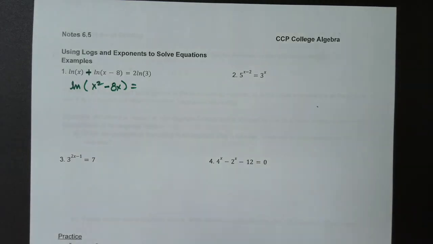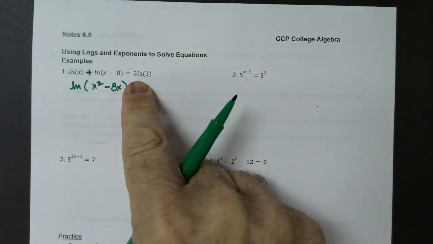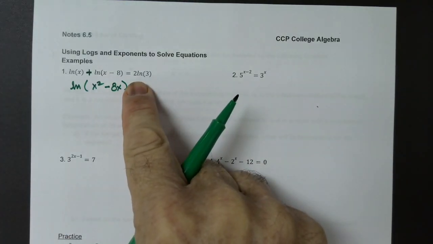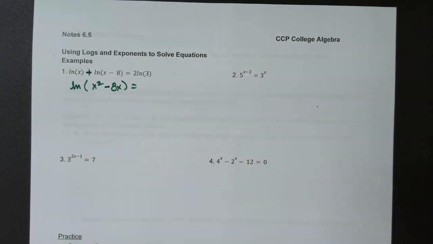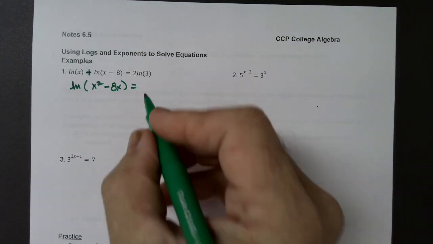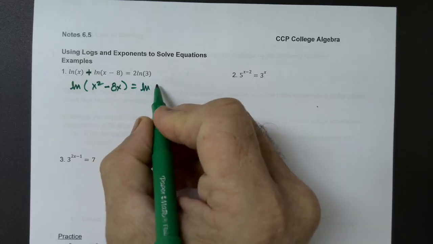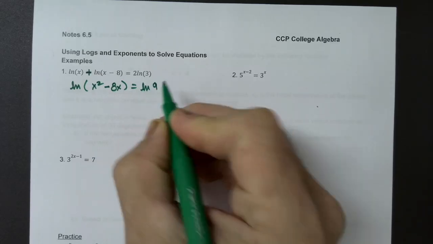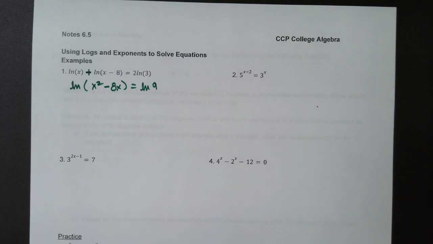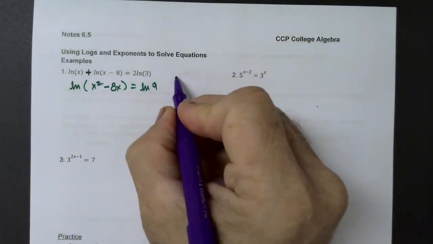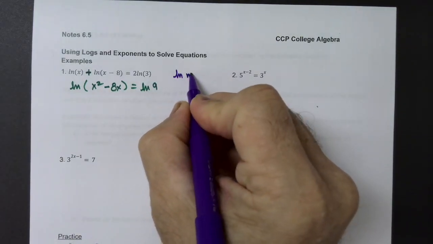And then someone else tell us what this 2 is going to tell us to do. Yes, it's going to be the exponent. So we're squaring that 3, which means we have the natural log of not 3, but 3 squared, which is 9.